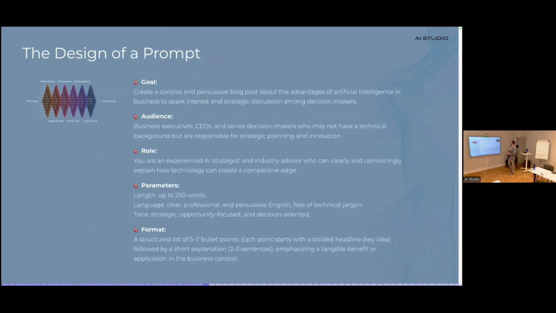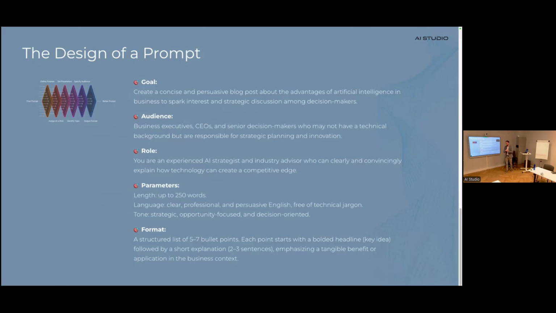For instance, create a concise and persuasive blog post about the advantages of artificial intelligence, to spark interest and support strategic decisions. The audience is decision makers, business executives, CEOs, who may not have a technical background but are responsible for strategic planning and innovation.